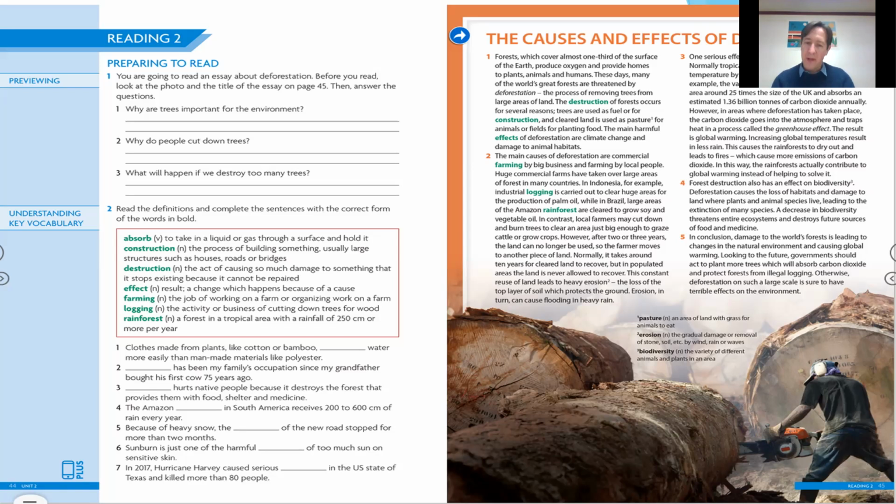Damage to animal habitats. Now, in this one, they're giving you a key. That means next to some words, there is a number, and then, as you can see at the bottom, they explain the word. So next to the word pasture, there was a number 1, and if you look at the bottom, what does pasture mean?